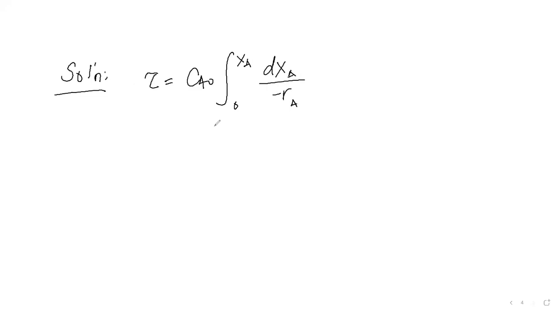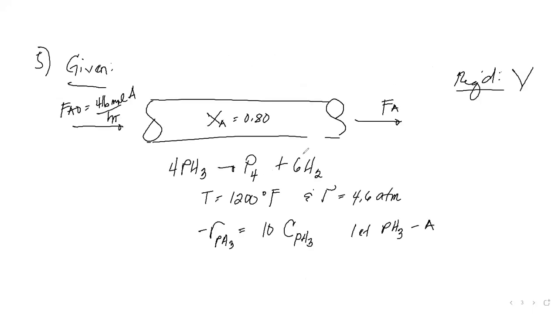But since we have a gaseous reaction, we need to determine the expansion factor as suggested, because we might forget that we have an expansion factor to consider. We have a pure gaseous reaction starting with phosphine, 100% phosphine. So in determining the expansion factor, all we have to do is look at the stoichiometry. So get the sum of the coefficients of the product, subtract from it the coefficient of the reactant, over the coefficient of the reactant.